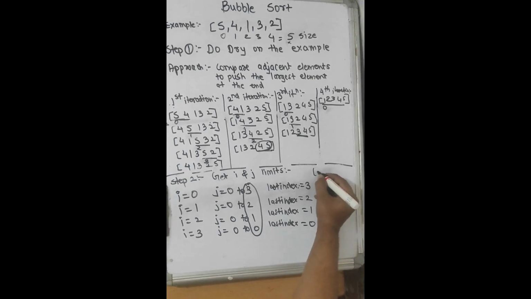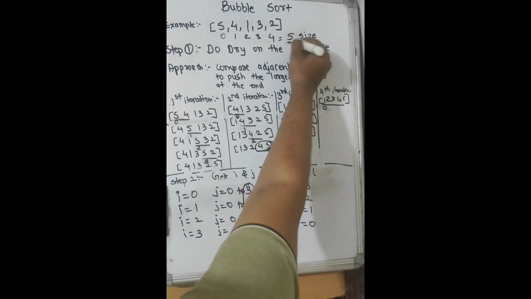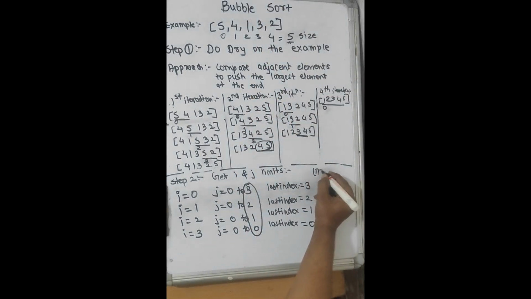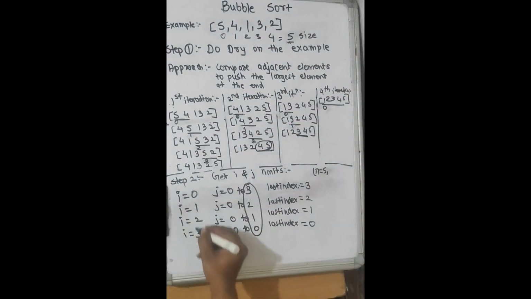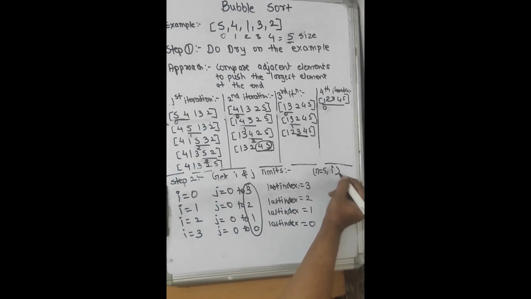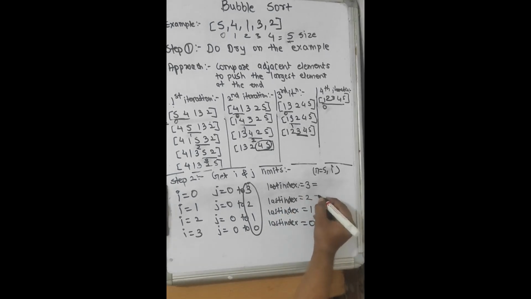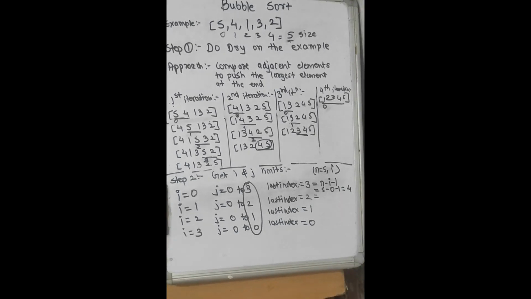We have here size, which is 5 of the array, so size of the array n, and iteration, which is i. So we can get this by making a formula which will be n minus i minus 1, which will be 5 minus i, i is 0, minus 1. Sorry, here it will be 2.